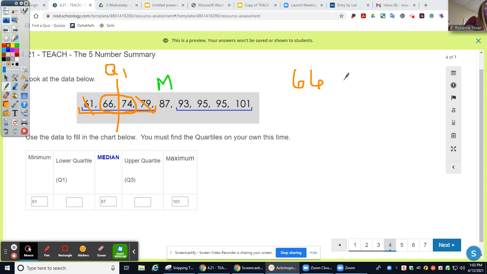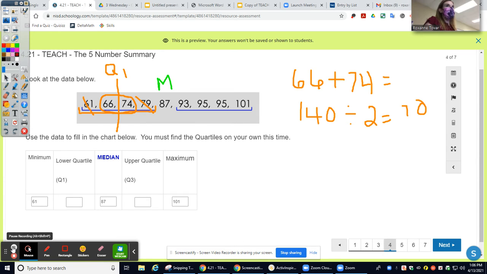So 66 plus 74 equals 140. And 140 divided by 2 is 70. All right, so our quartile 1 would be 70.